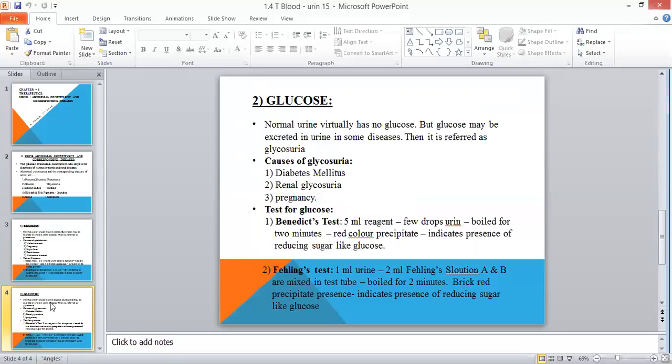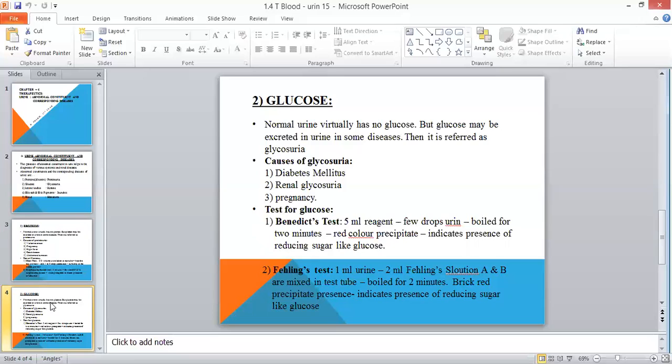This excess glucose is not reabsorbed. It is excreted in urine, producing glycosuria. This blood glucose level of 180 mg per dl is called the renal threshold. Glucose appears in urine only when blood glucose level is 180 mg per dl or more.